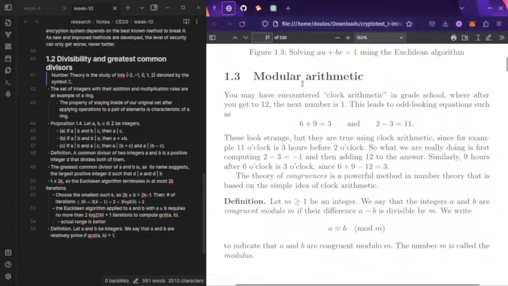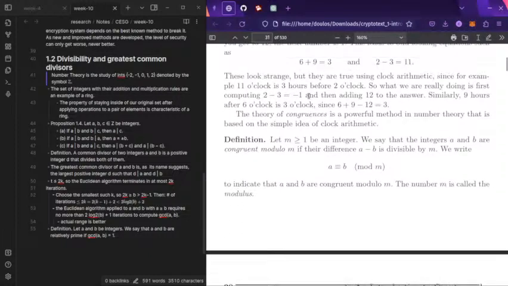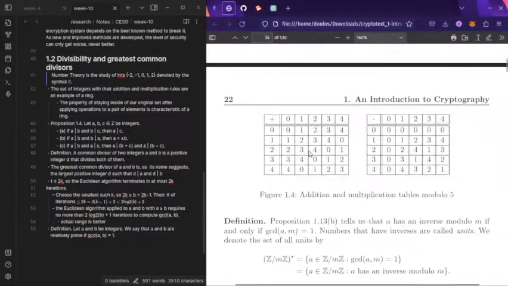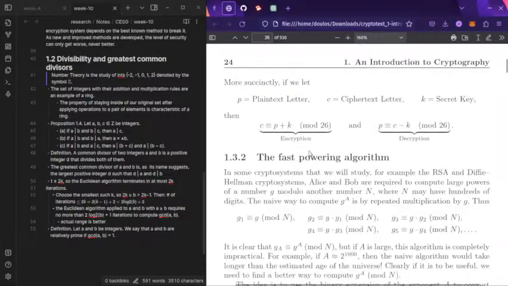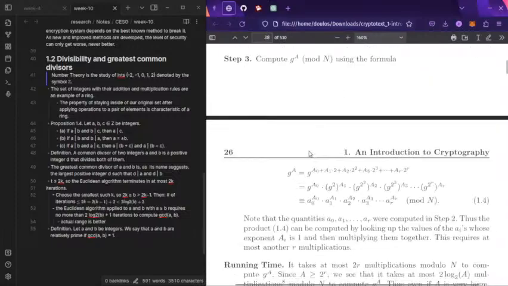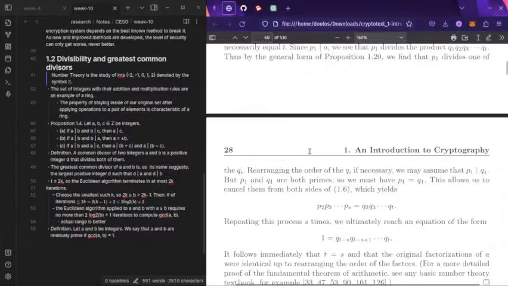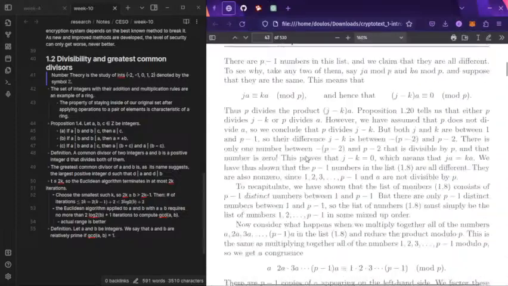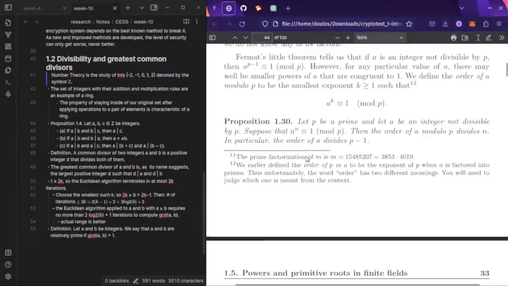So in the afternoon, I'll start with modular arithmetic, and hopefully, let's see, we're on page 19 now. We need to go through mod arithmetic quickly. Fast powering algorithm, there it is. We go through primes, and then we go through powers and finite fields. And that's where we need to get to generators as well.